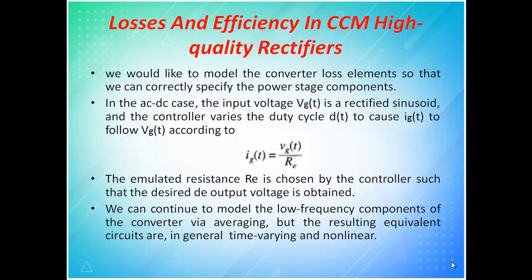We can continue to model the low frequency component of the converter via averaging, but the resulting equivalent circuits are in general time varying and non-linear. There are always some assumptions. When you try to do anything, you first have to set up some assumptions, then only can you proceed. And if you want to disprove any person's invention, only if you touch the assumption can you easily disprove it.